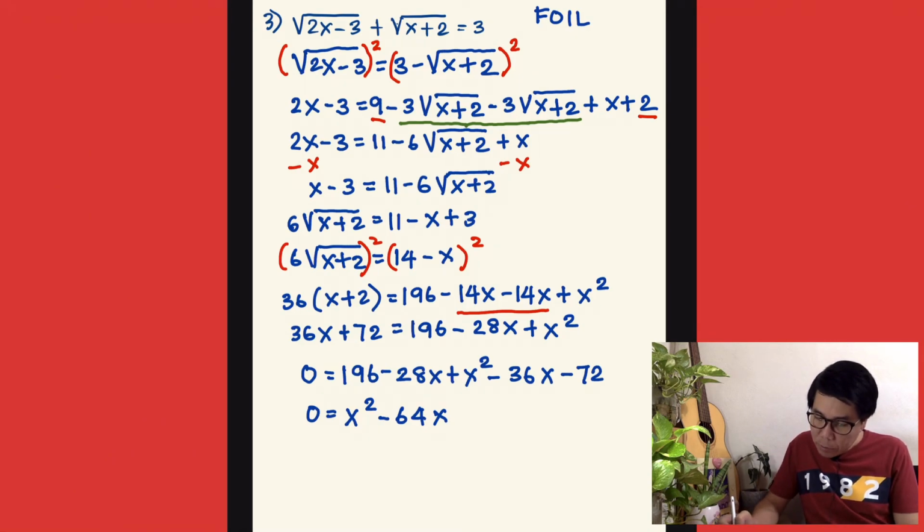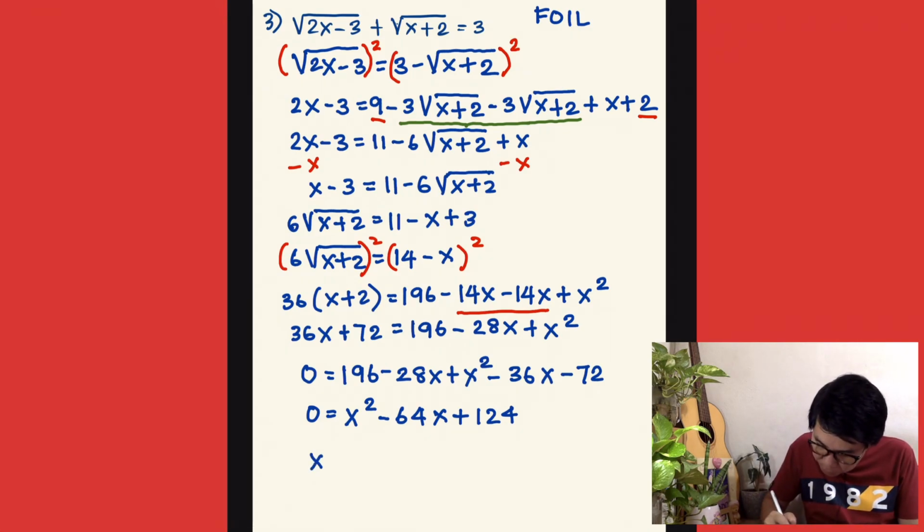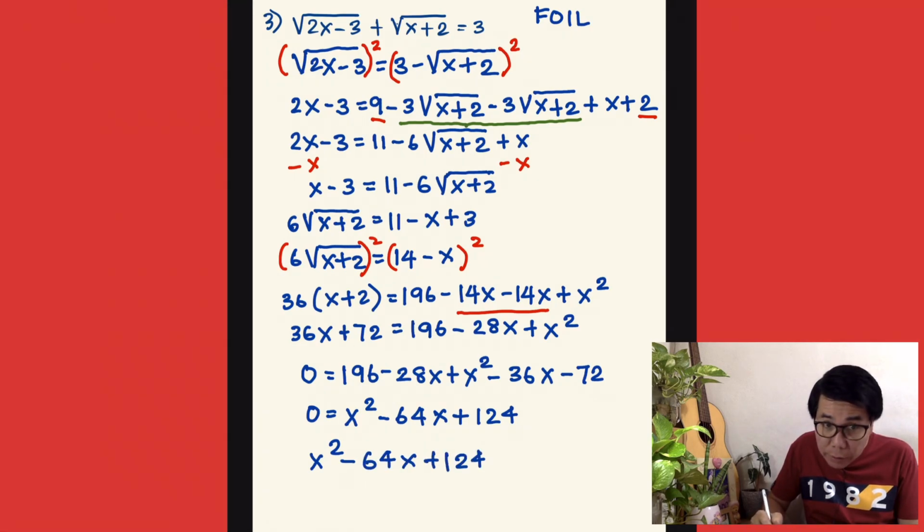And then 196 minus 72 is positive 124. So let's rewrite the equation: x squared minus 64x plus 124 equals 0.